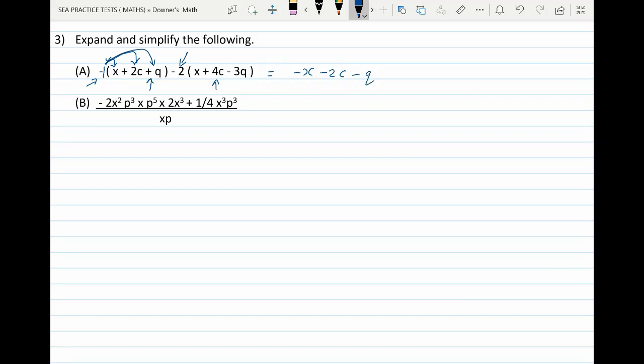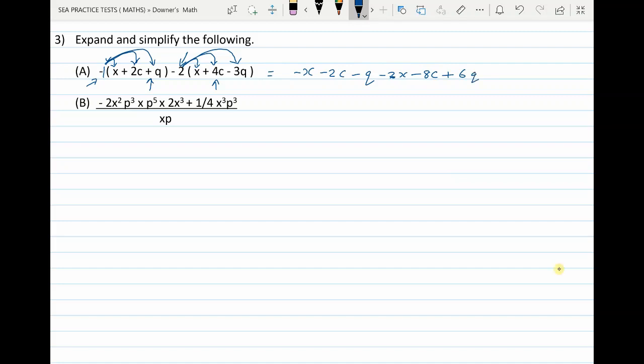So let's continue with minus 2 by x is going to give us minus 2x. Then minus 2 by plus 4c is going to give us minus 8c. And then minus 2 by minus 3q is going to give us plus 6q.